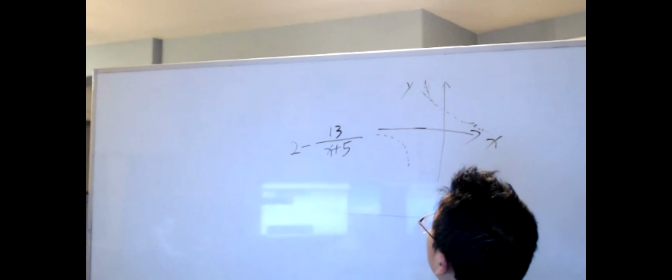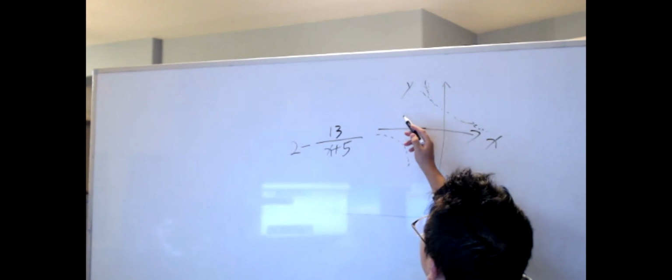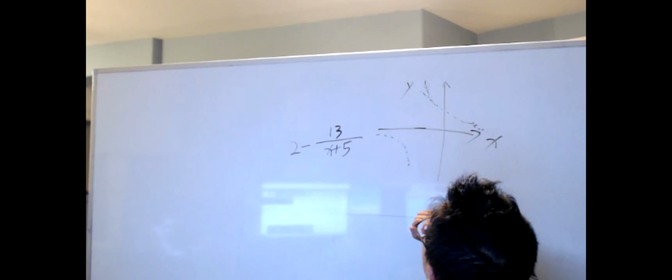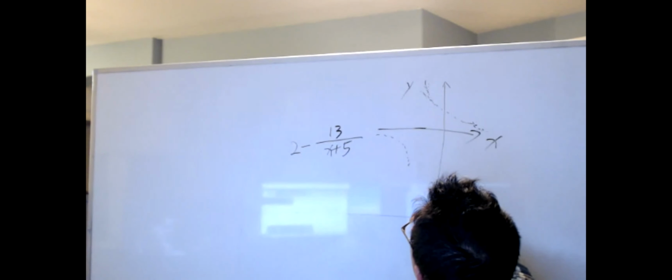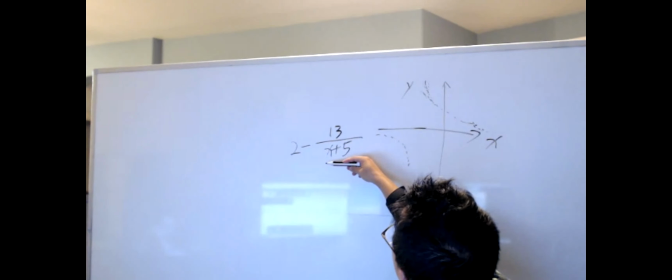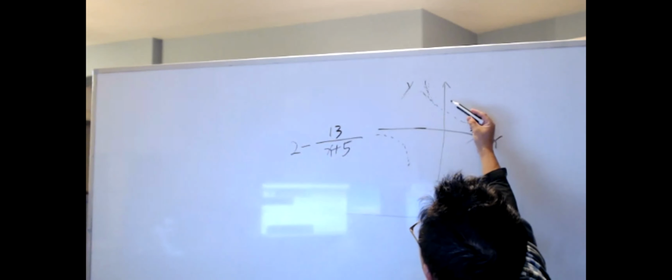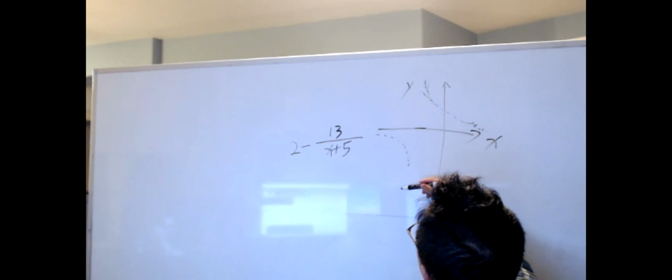So now when x is equal to -5, it becomes 1 over x type of thing, and this whole thing will be negative. So it doesn't matter.